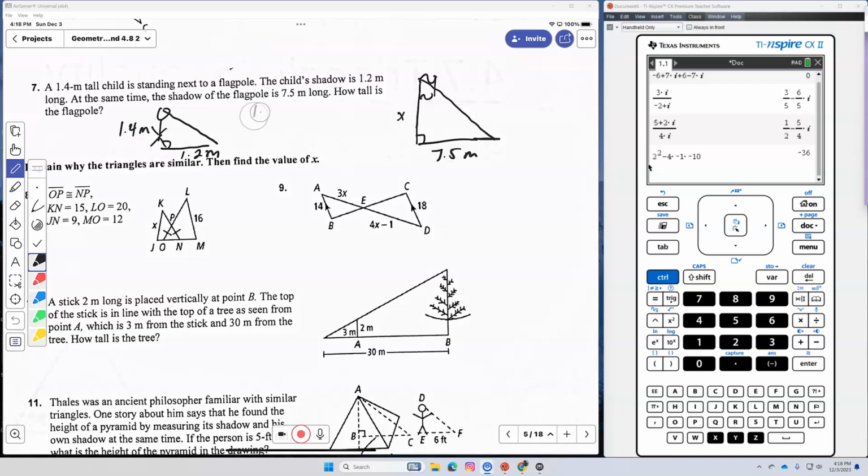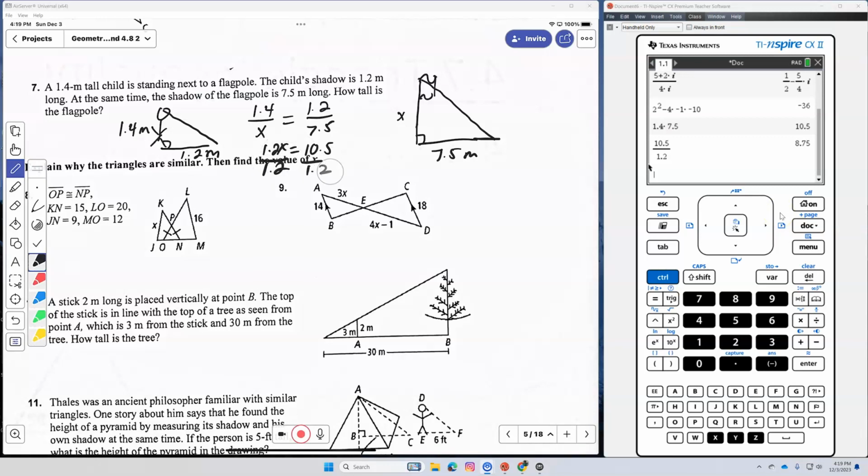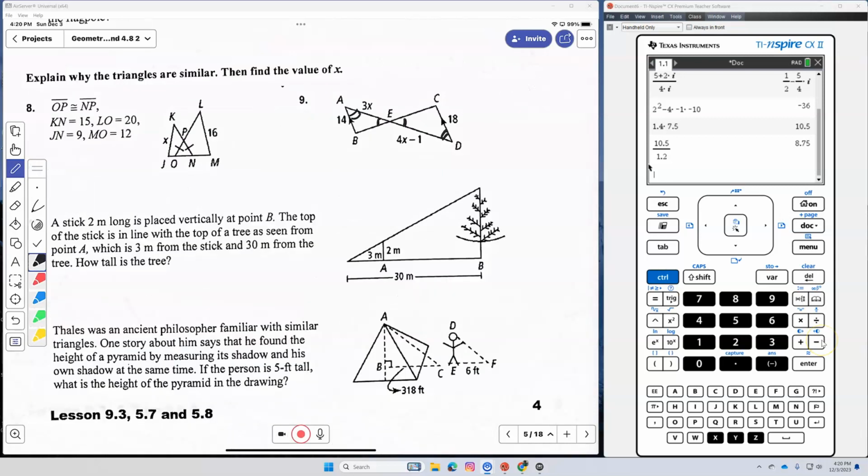So we're going to say 1.4 is to x as 1.2 is to 7.5. So you multiply 1.4 times 7.5, which is 10.5, and then you have 1.2x, and then you divide by 1.2. I did that on the side, so we know the flagpole height is 8.75 meters.